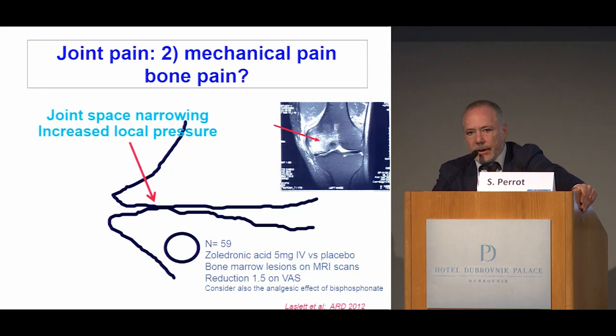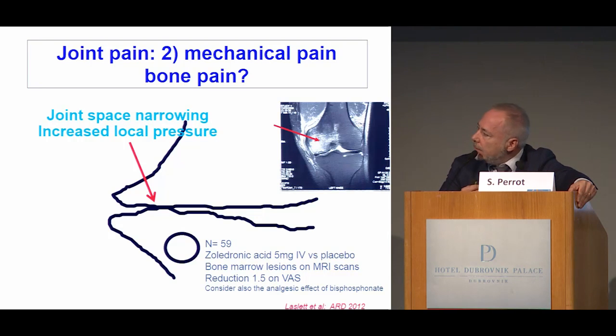As mentioned yesterday, there was a really interesting study that looked at the effect of bisphosphonates on joint pain. The first aim of this study was not pain, was to demonstrate the efficacy of bisphosphonate on structural damage in osteoarthritis, and it failed. But the secondary outcome measure of this study was to demonstrate the efficacy on pain.